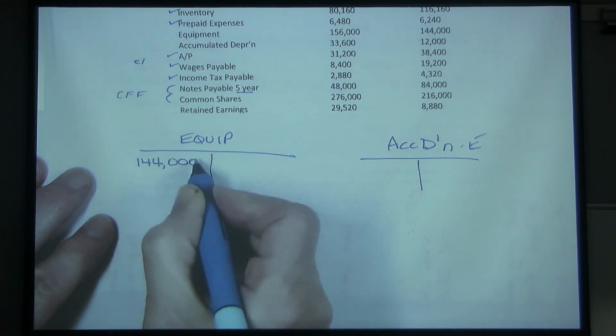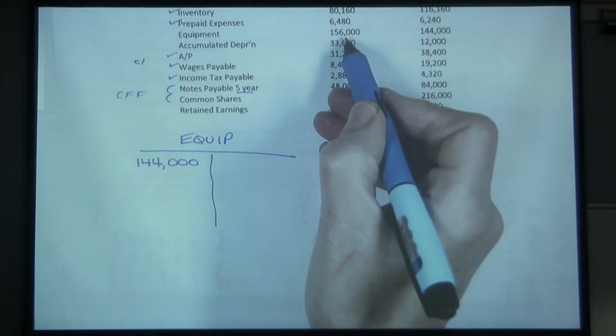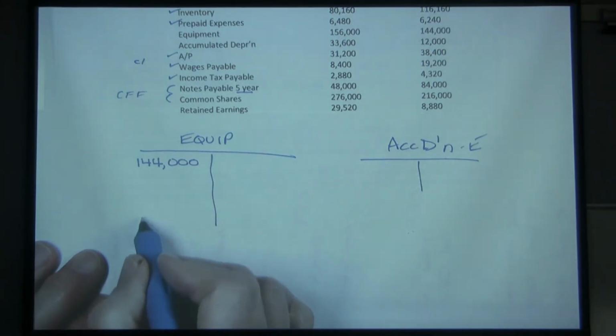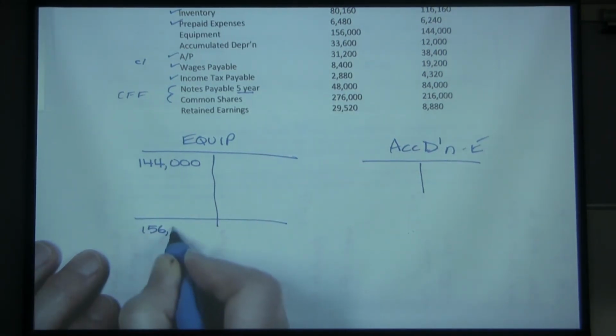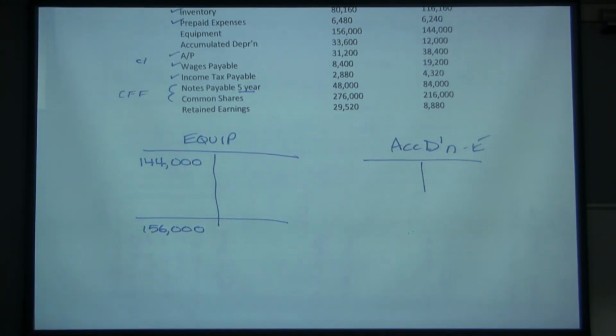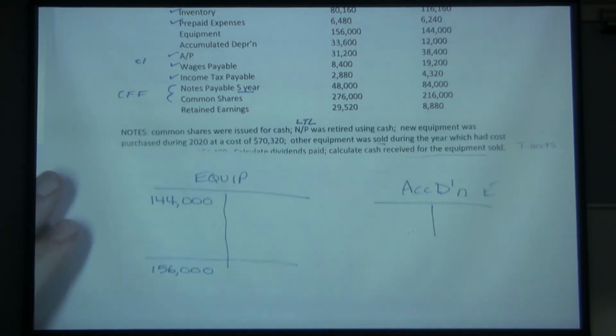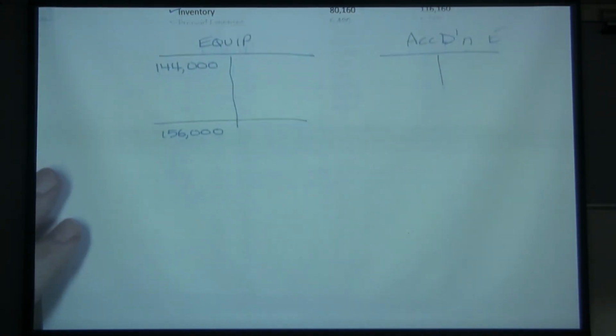That's our beginning balance. The ending balance in equipment is 156,000. I'm going to leave a little space and jot down that our final ending balance was 156. The equipment that we bought, you can see in this note here, had a cost of 70,320.